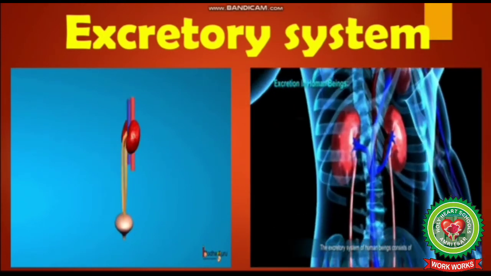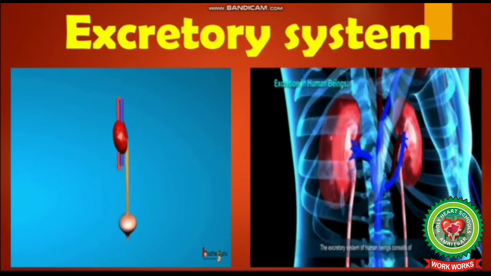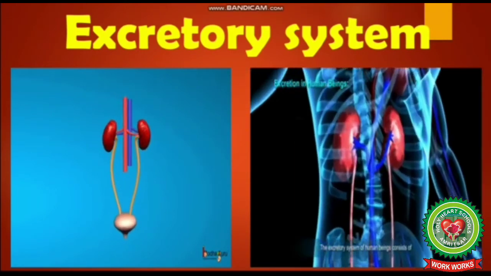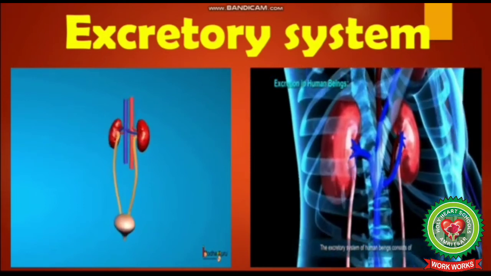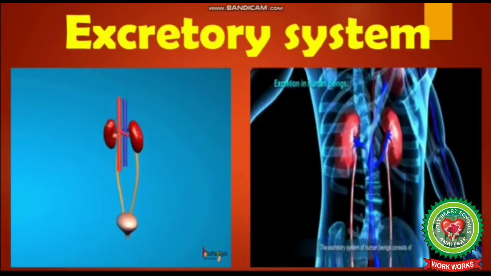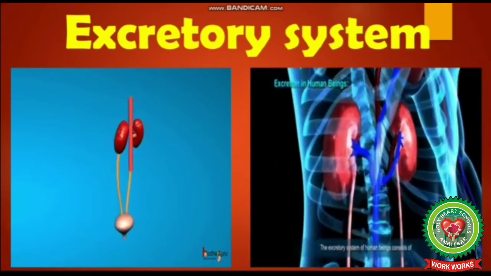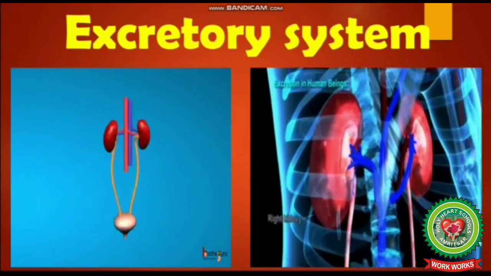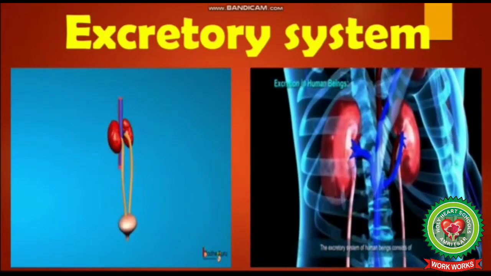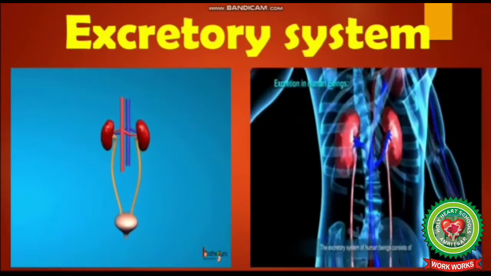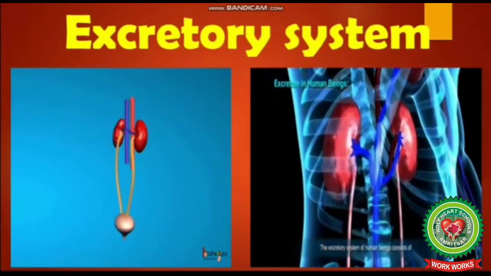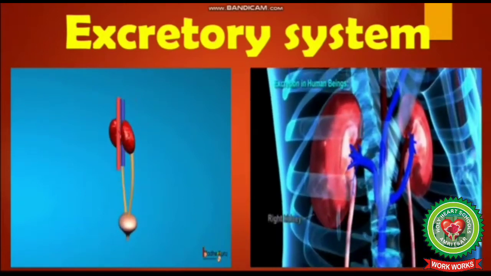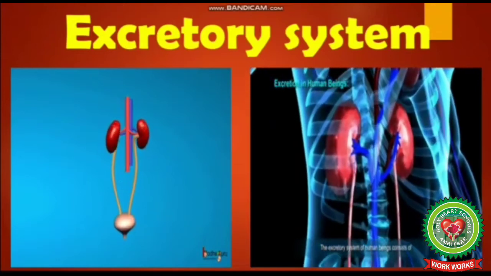In the same way, your body has a filtration system. This is called the excretory system. And children, the excretory system is composed of the kidney, ureter and urinary bladder.